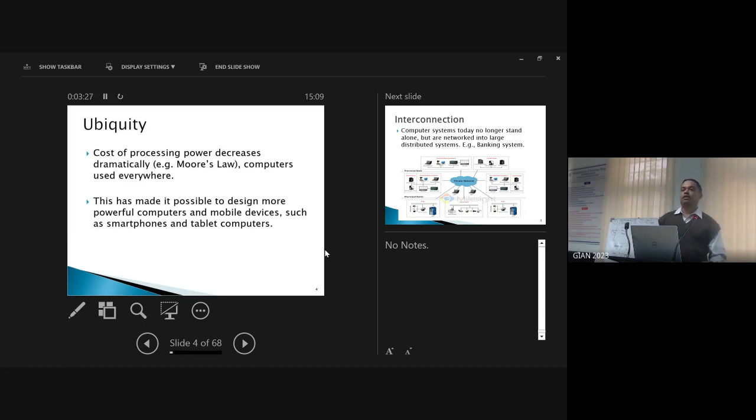Just take an example. In 2000, when I was a BTech student in this institute, I purchased a desktop computer with 64 MB RAM, 10 GB hard disk, and a 533 Celeron processor.